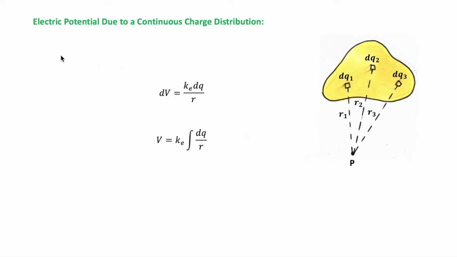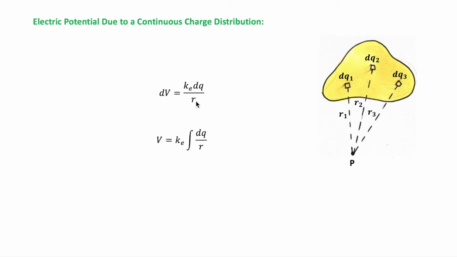So we will now consider electric potential due to a continuous charge distribution. To calculate the electric potential due to a continuous charge distribution, we consider the potential due to a small charge element dq. So the electric potential at point P due to this charge element dq is given by Ke dq over r.